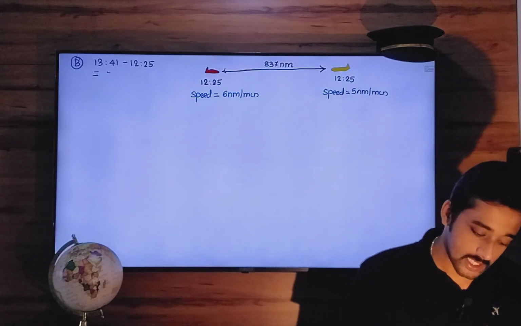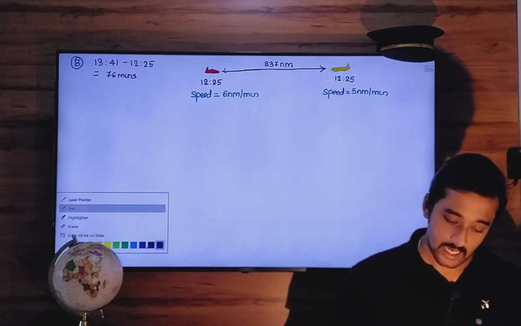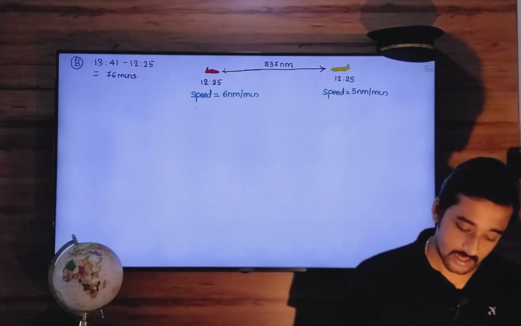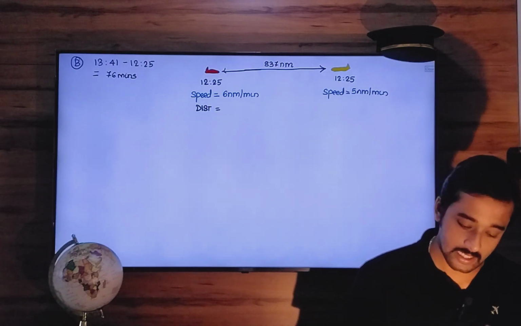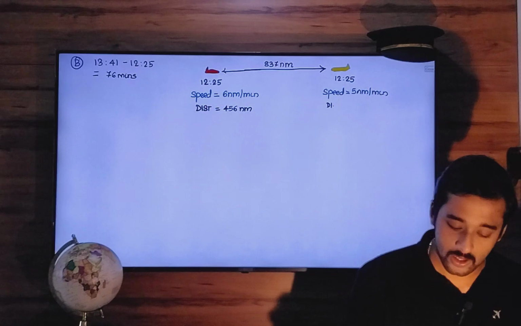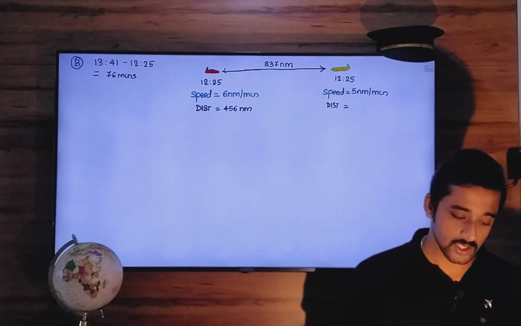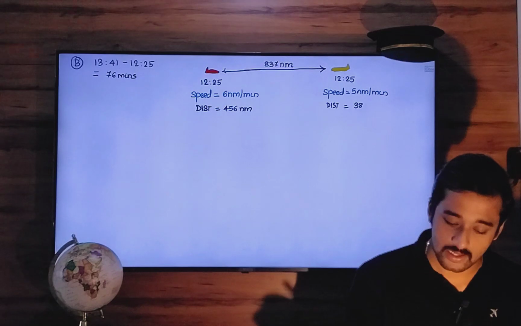That is equal to 76 minutes. Now in these 76 minutes, aircraft number 1 will have traveled a total distance of 6 into 76, 456 nautical miles. And aircraft number 2 will have traveled a total distance of 5 into 76, 380 nautical miles.